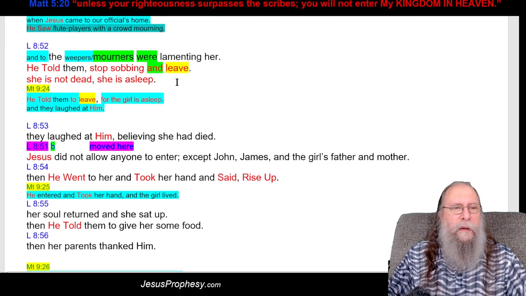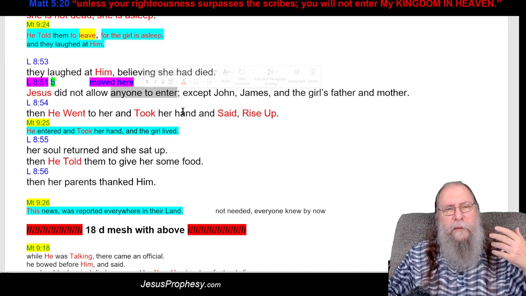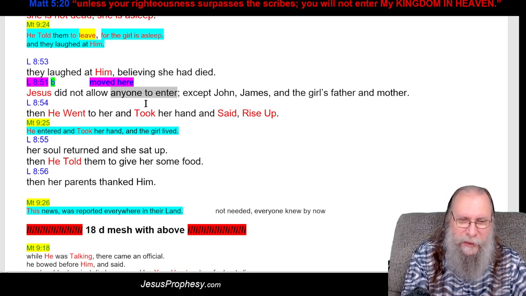And like I said, I moved that verse from above down to here, and they laughed at him, and then he went into, he entered, allowed no one to enter with them. Now, like I said, I didn't go through here and edit everything on this one, because I'm thinking this story gets added to again.